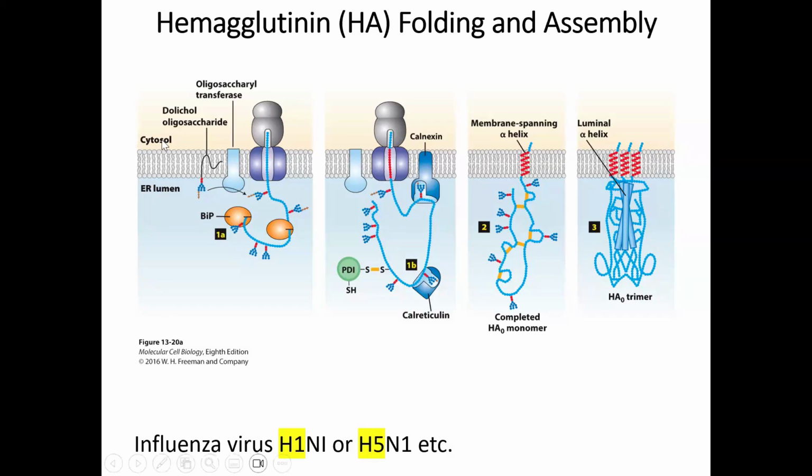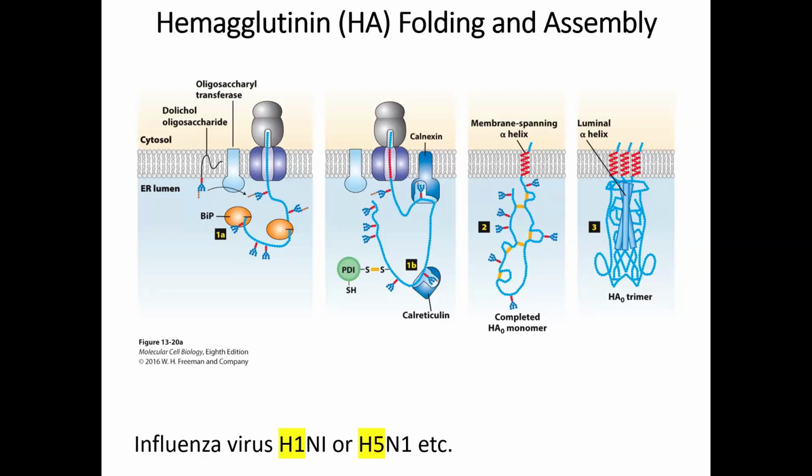So it directs the synthesis of this hemagglutinin protein through the secretory pathway. This is a monomer, and it will assemble as a trimer, 3 copies of the same protein. It will go from the ER membrane to the Golgi membrane, back to the vesicle, and then be transported onto the plasma membrane, where it will assemble onto the virus.